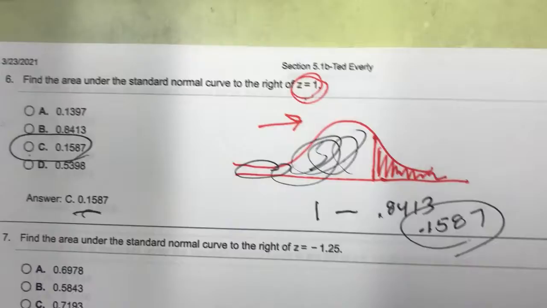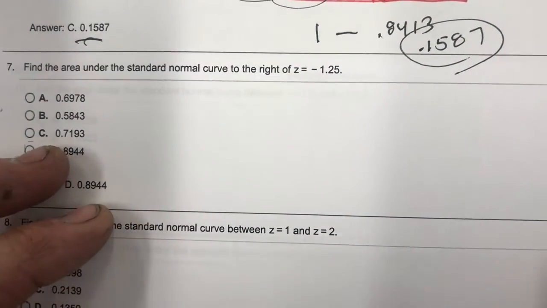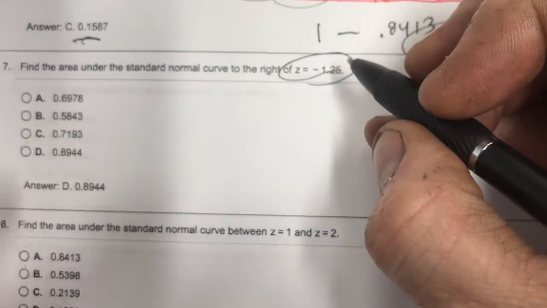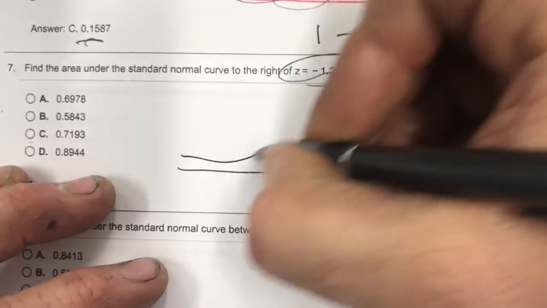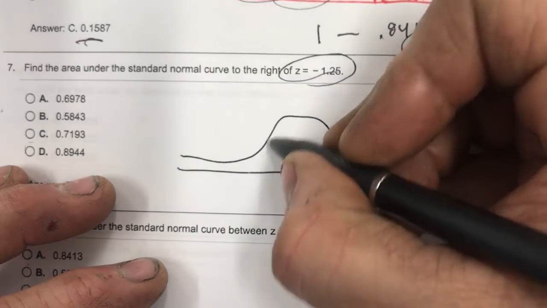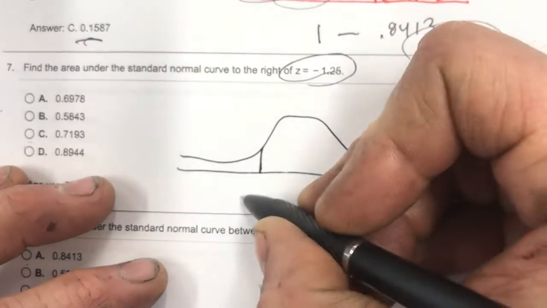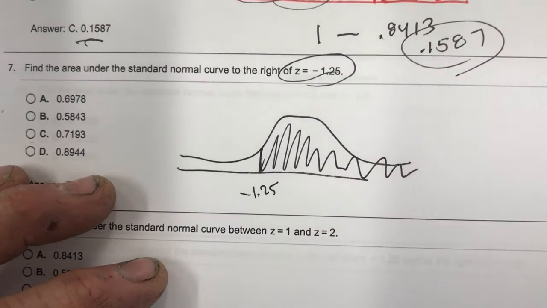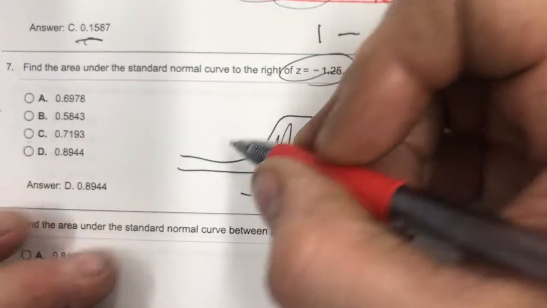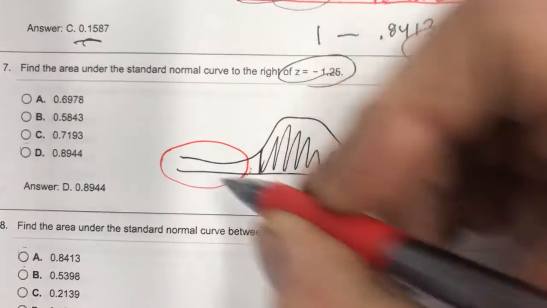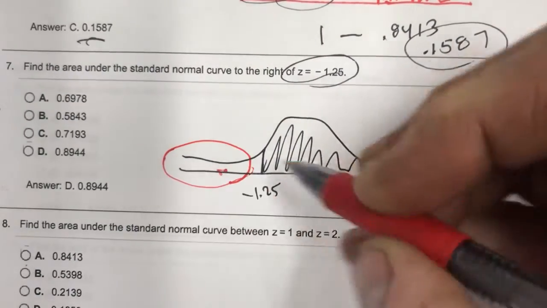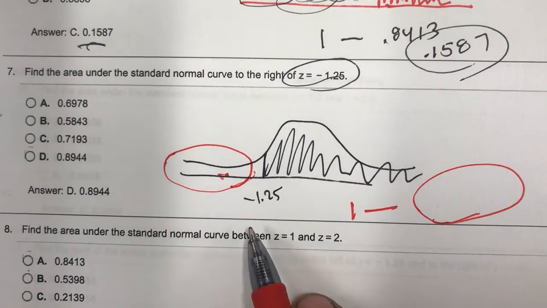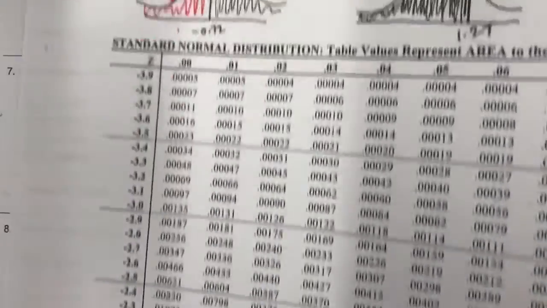All right, number 7 says find the area under the standard normal curve to the right of this. To the right again. So let me just draw this out again. Here's negative 1.25, and to the right is all this. So that's what I want. But the chart tells me this, so I'm going to have to find this and then do 1 minus that. So I need to find negative 1.25. Here's the negative sheet.